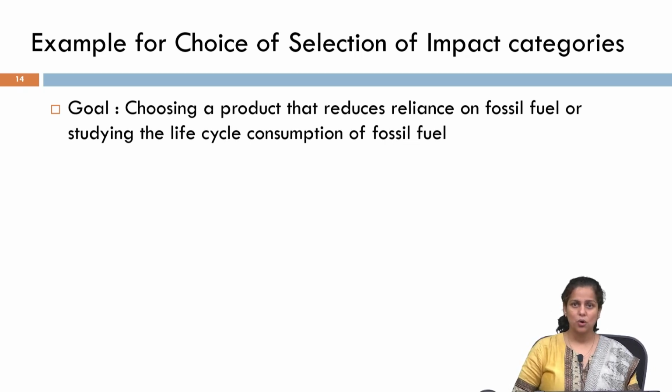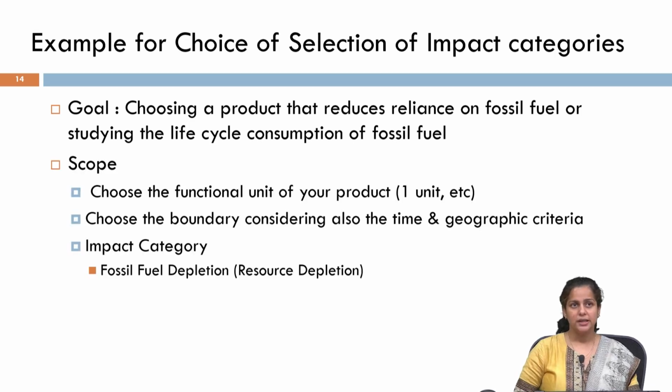So, I am going to show some examples for the choice of selection of impact categories. Let's say the goal of my LCA study is choosing a product that reduces reliance on fossil fuel, or studying the life cycle consumption of fossil fuel. In this case, the scoping phase will first start with choosing the functional unit of the product. It could be 1 unit or 1 kilojoule of energy, because we are talking about energy, fossil fuel.